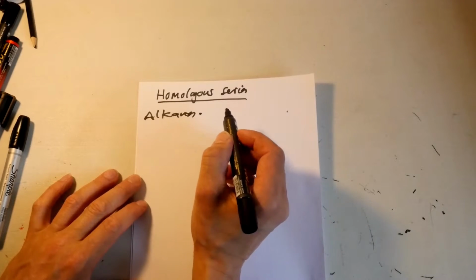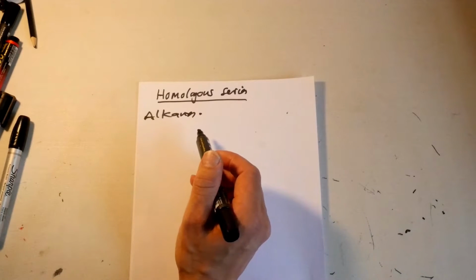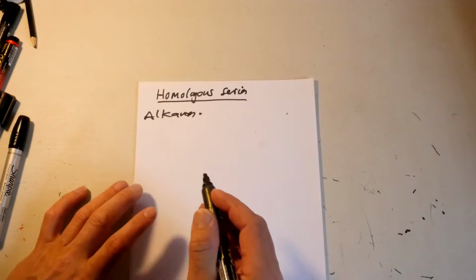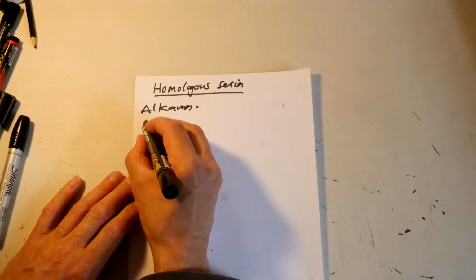Anyway, alkanes. These are groups of molecules that share similar properties.